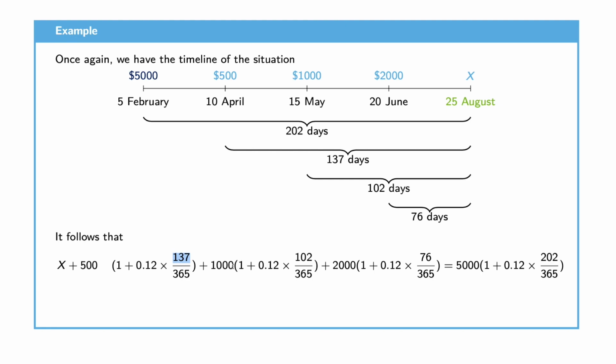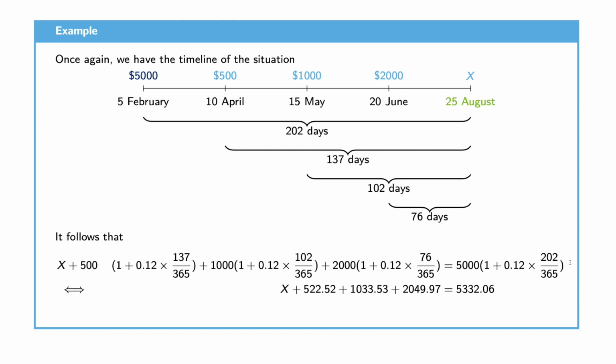Then we've got the $1,000 payment, which is occurring at 15th of May. We're accumulating that at the same interest rate, but now by 102 days. This other payment of $2,000 gets accumulated by 76 days. And finally, that is equivalent to the individual loan amount at the very beginning of $5,000, and that's accumulated by 202 days.